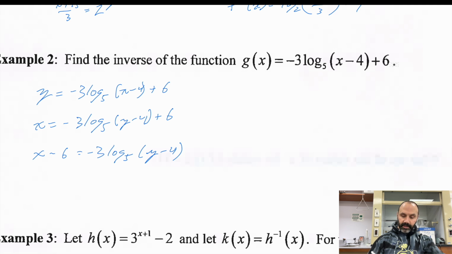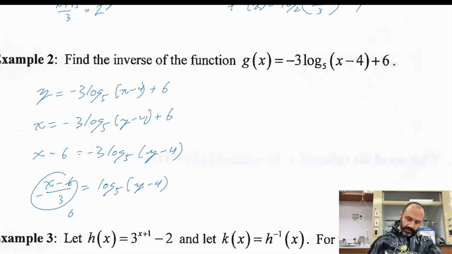I'm going to divide both sides by negative 3. And so then I'm going to get x minus 6 over negative 3 equals log base 5 of y minus 4. I don't like to leave negatives hanging out front. So what I'm going to do is rewrite this as 6 minus x over 3.